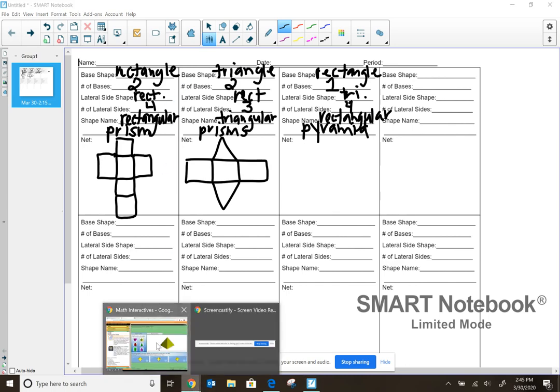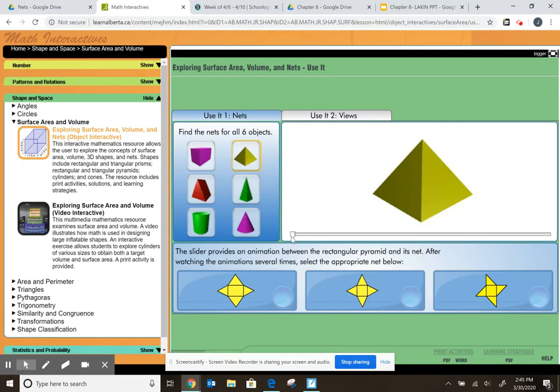Let's unfold that shape so that we can see what that net is going to look like. Notice how when I was talking about a triangle coming off of each side, now it might be easier to see. There's a triangle coming off of each side. Let me redo that so you can see it one more time, folding up and folding back down.